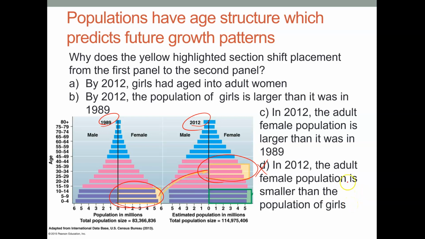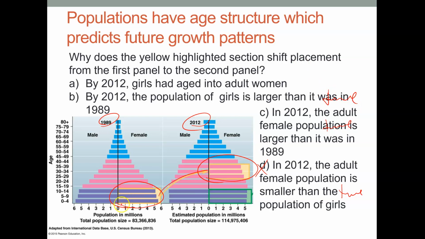This is true, although it doesn't answer the question. We're asking why the shaded yellow part shifts. In 2012, the adult female population is larger than it was. Again, also true, but doesn't answer the question. In 2012, the population of girls is larger than it was in 1989. Again, also true, but does not answer the question.